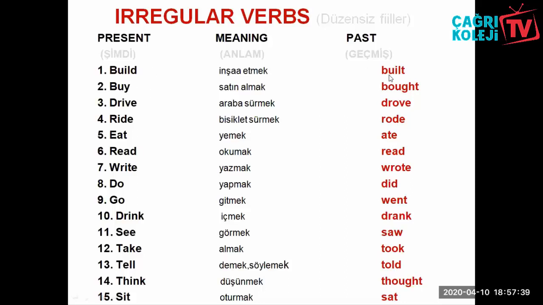We just completely change the verb. Here are build, buy, drive, ride, eat, read, write, do, go, drink, see, take, tell, think, sit. You already know most of these verbs. If you don't know the meaning of these verbs or if you can't remember, you just look in the dictionary.